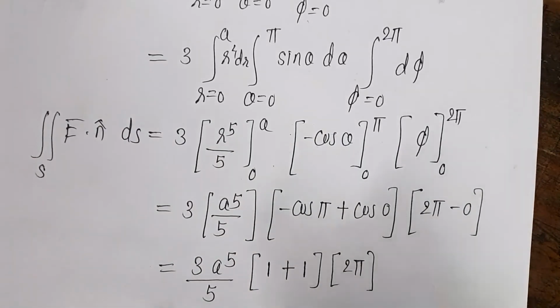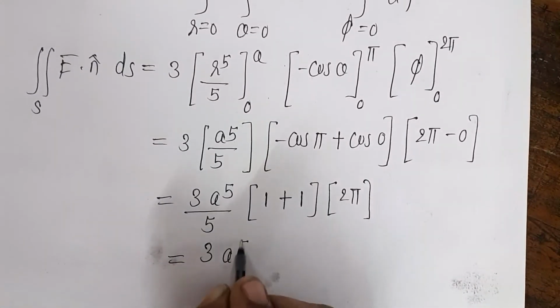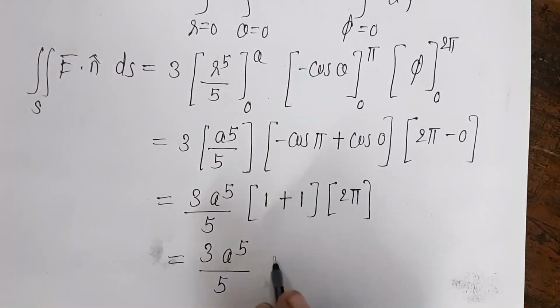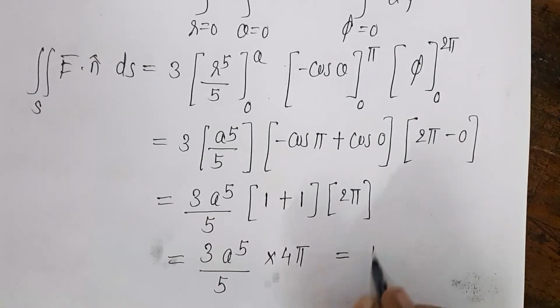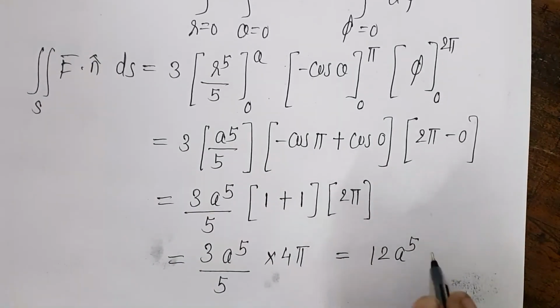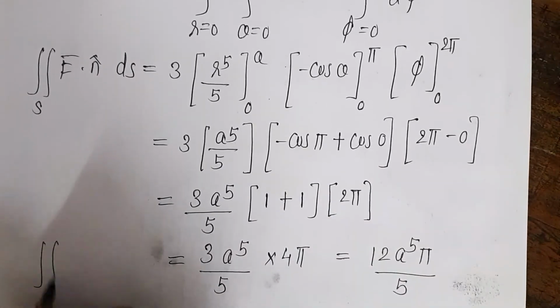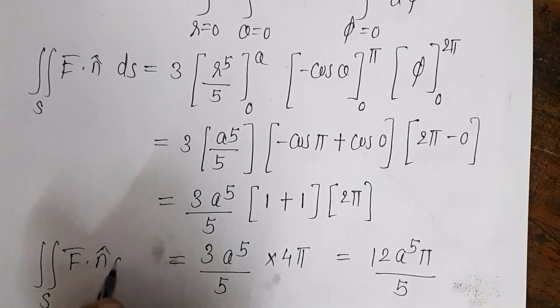So it is equal to 3a⁵/5 multiplied by 1 plus 1, 2 into 2 pi is 4 pi. So it is equal to 12πa⁵/5. This is the value of the double integral over S of f dot n cap dS.